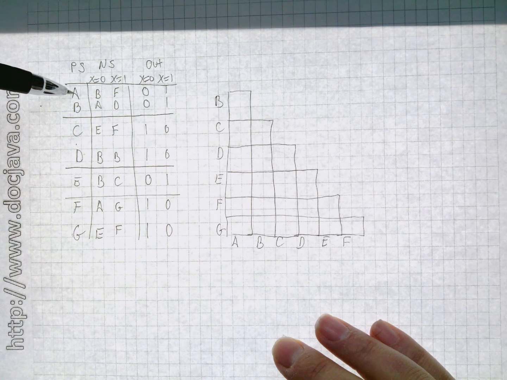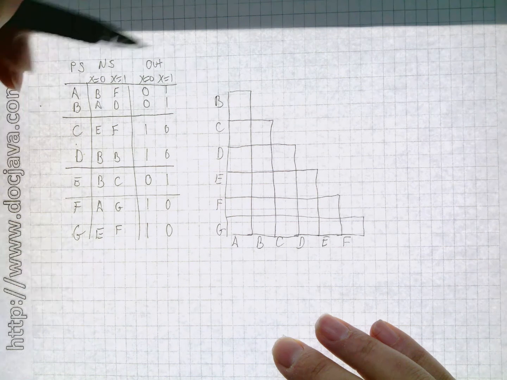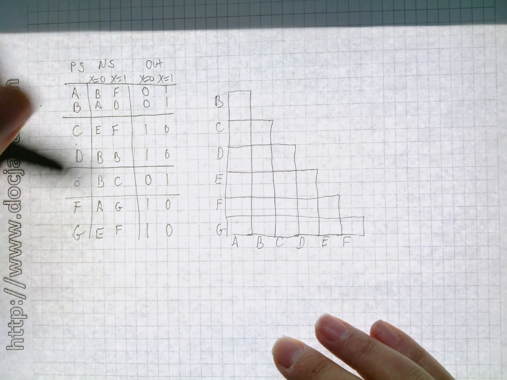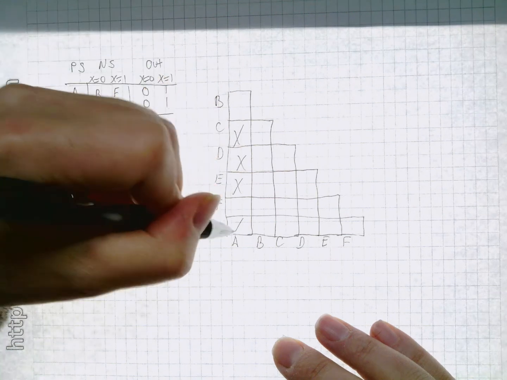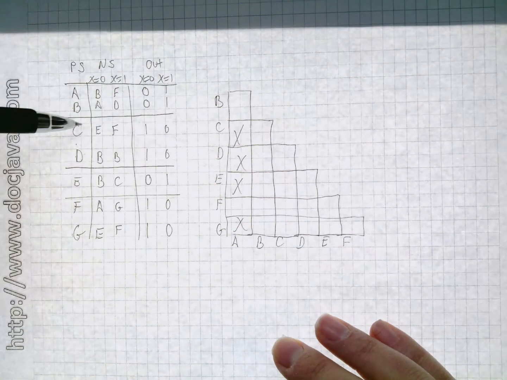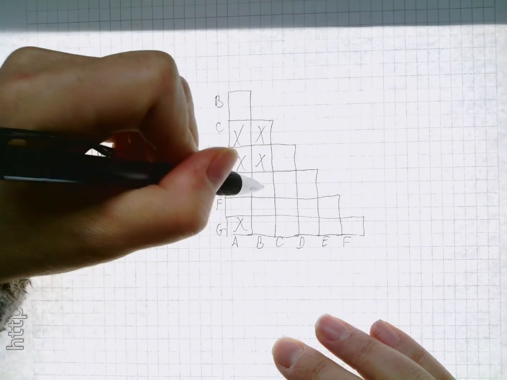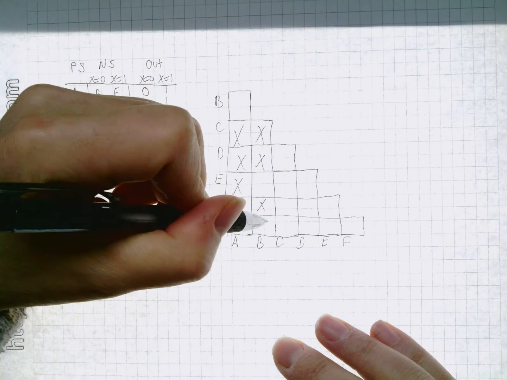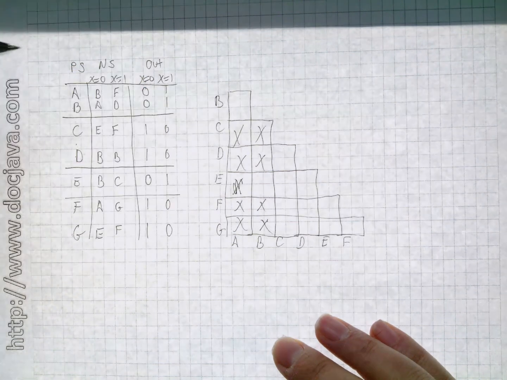So A is different from C, D, F, and G. B is different from C, D, F, and G. Oops.